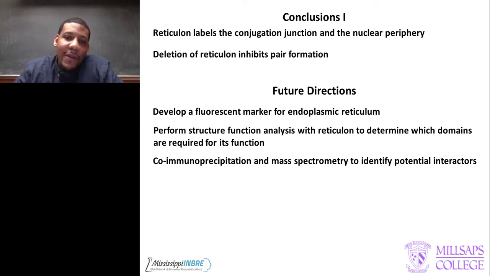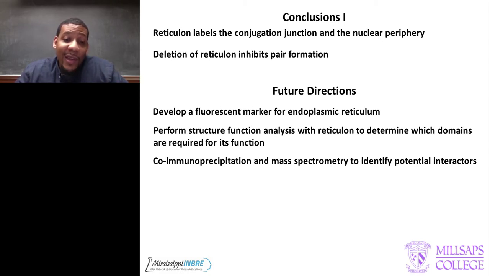So in terms of future directions for this part of the talk, we want to develop a fluorescence marker so that we can co-visualize the endoplasmic reticulum and reticulon in Tetrahymena. We also would like to perform structure-function analysis to determine which domains on reticulon are required for this function at the conjugation junction.